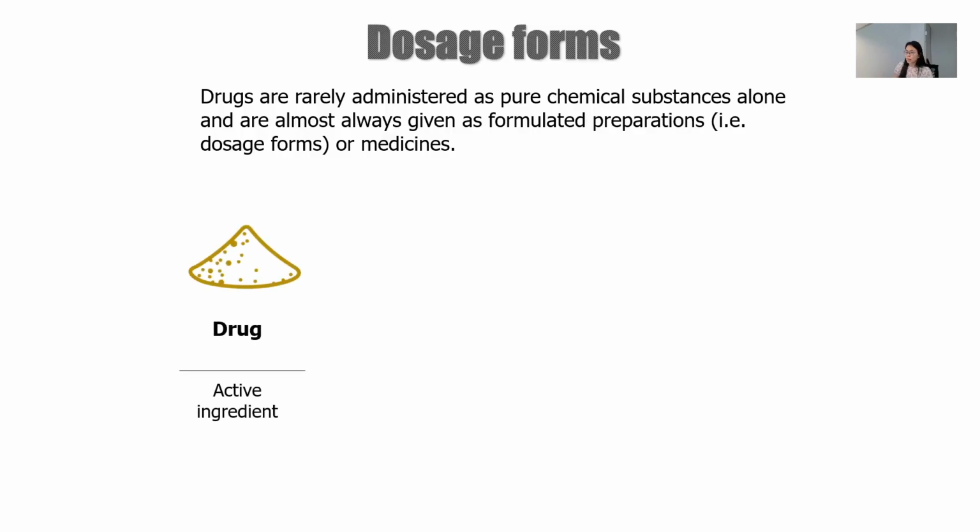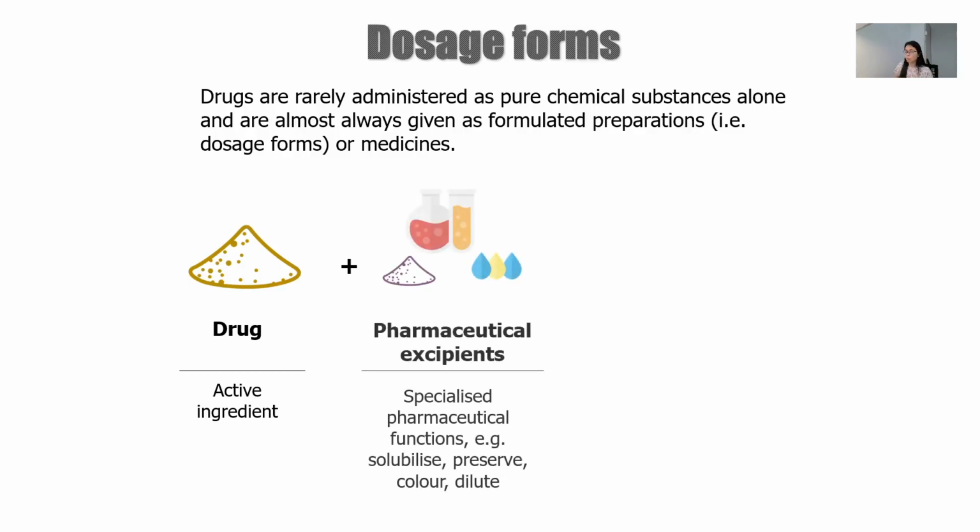Let's look at a simple graphic over here. The drug, we often call it the active ingredient within a dosage form, or in layman's terms, medicine. Apart from the active ingredient, which is the drug, we also combine the drug together with other excipients. Sometimes, in more layman's terms, we call them additives.